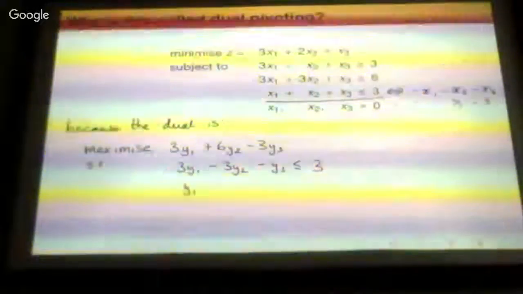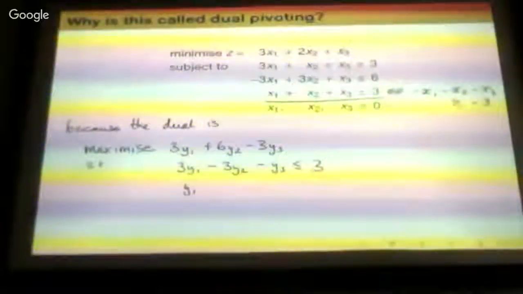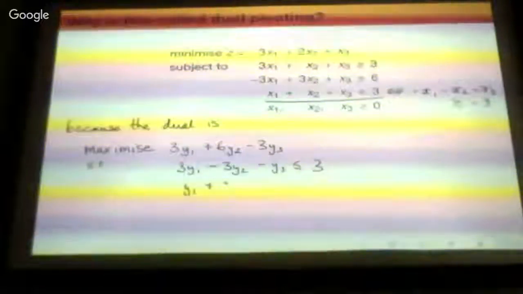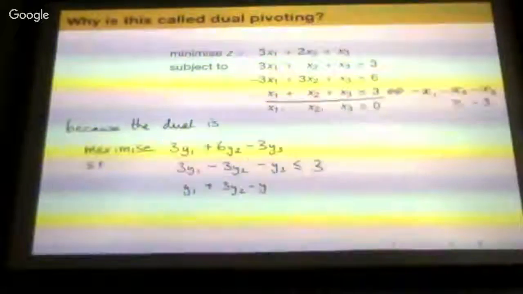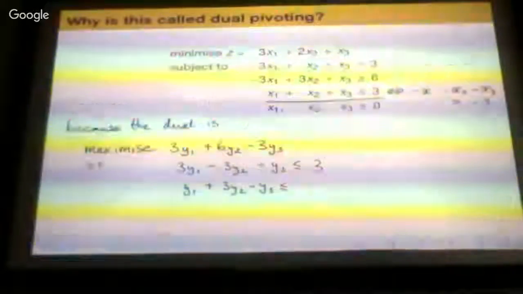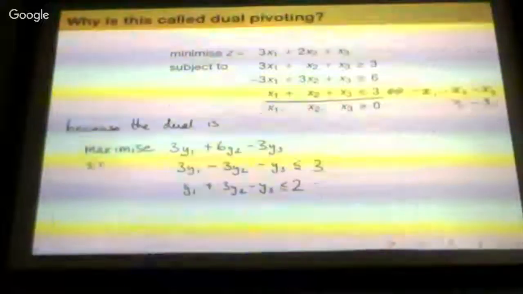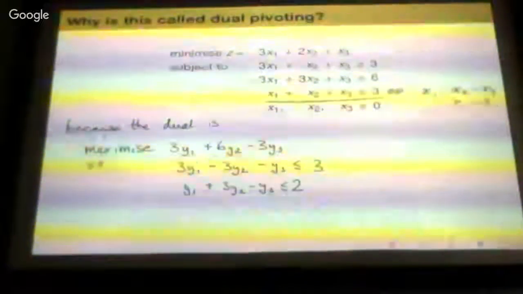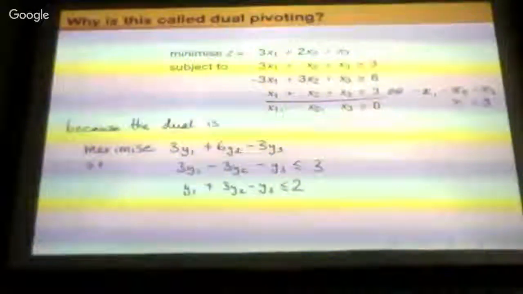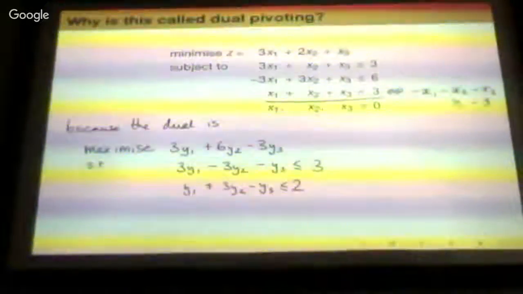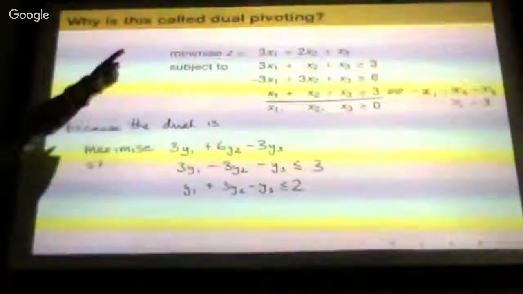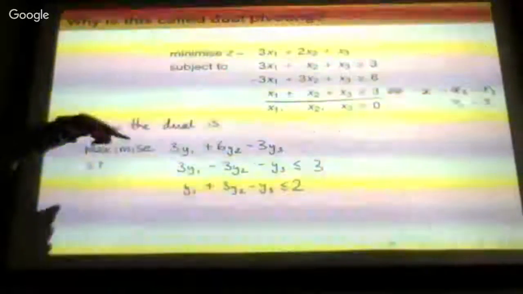Okay, and then let's see the rest. Should be y1 plus 3y2 minus y3 less than or equal to 2. Right? Are you with me? And the last comes from x3 coefficients, which are 1, 1, minus 1.